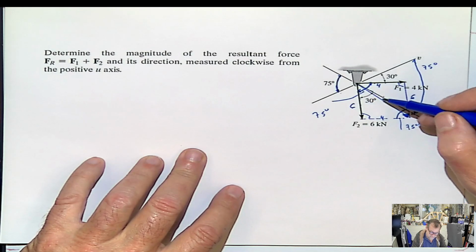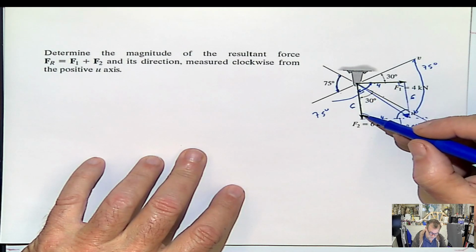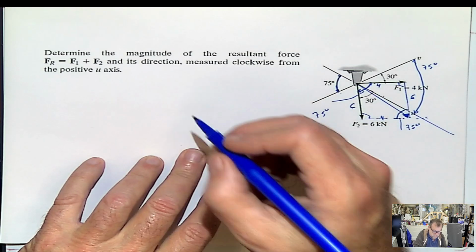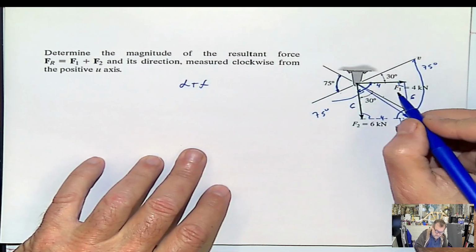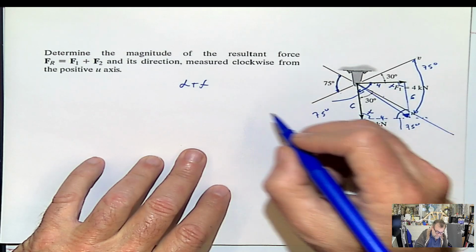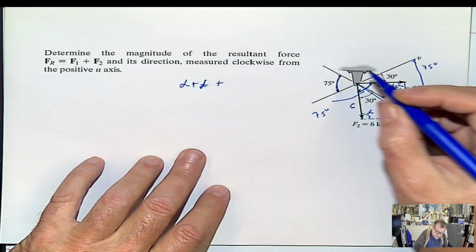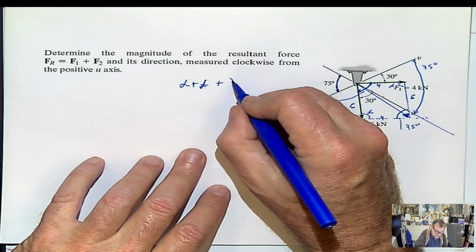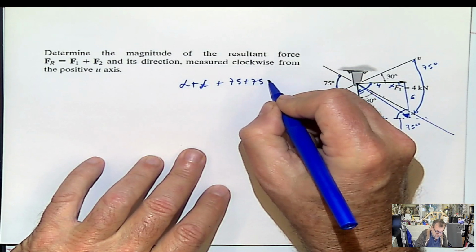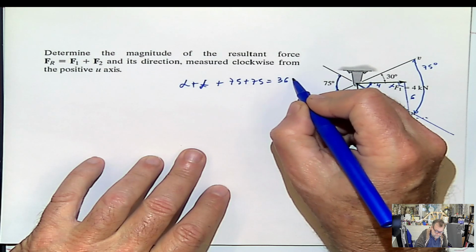So I have 75 plus 75 plus alpha plus alpha, where these are the two angles alpha. Alpha plus alpha plus 75 plus 75 has to be equal to 360.